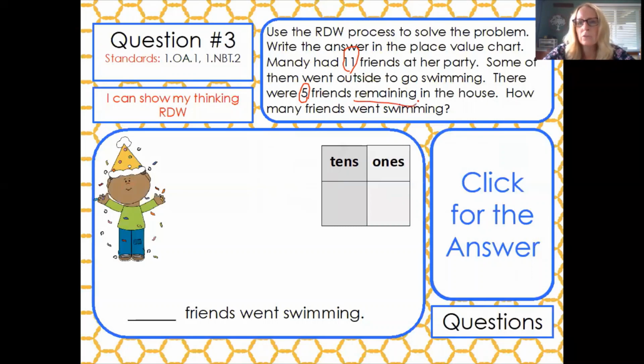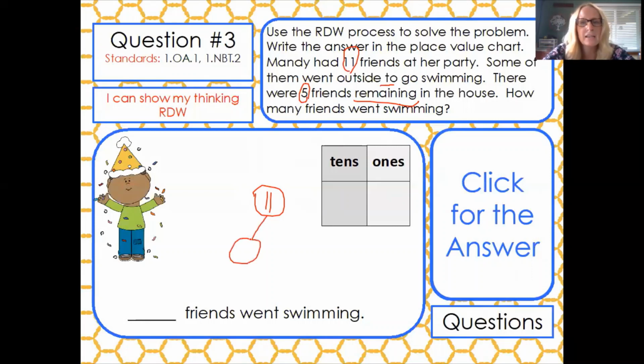Well, if I know that the word is remaining, that means some of them must have left. That tells me that this is probably a subtraction problem. I'm thinking in my head when we drew those number bonds that 11 is my whole, because in the story it said 11 friends were at her party. So I know that's how many in all.